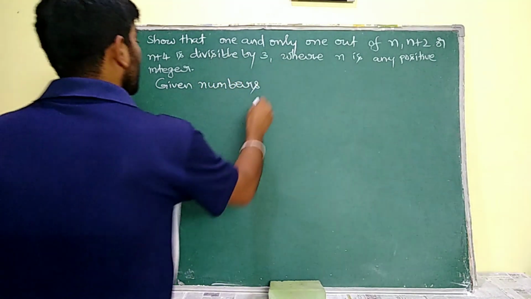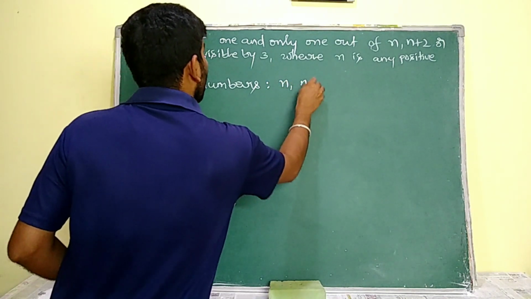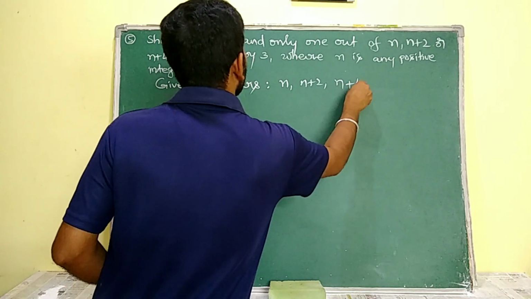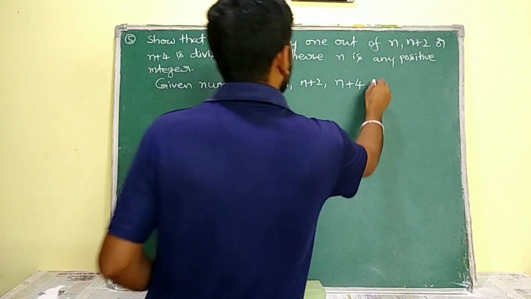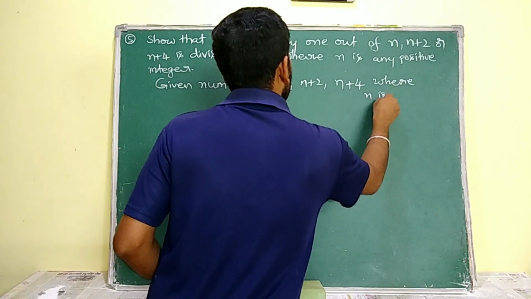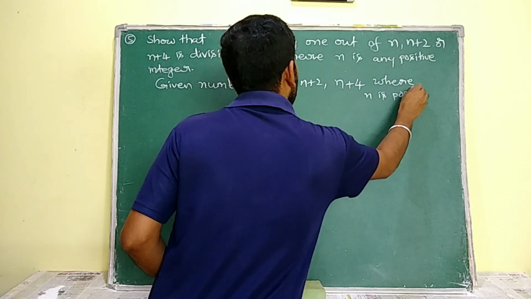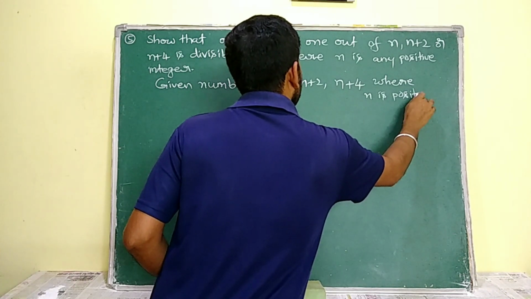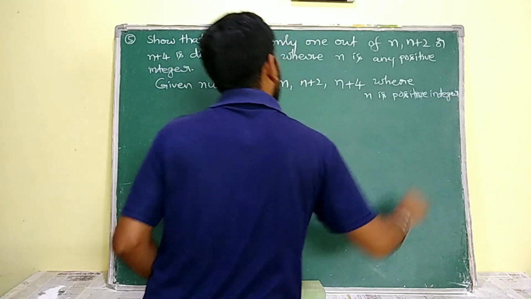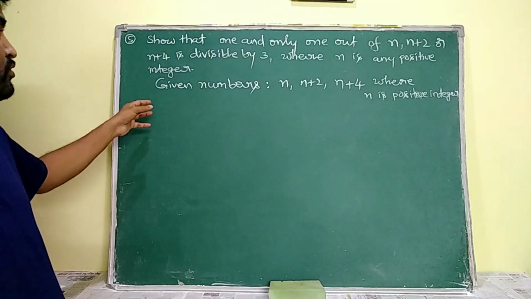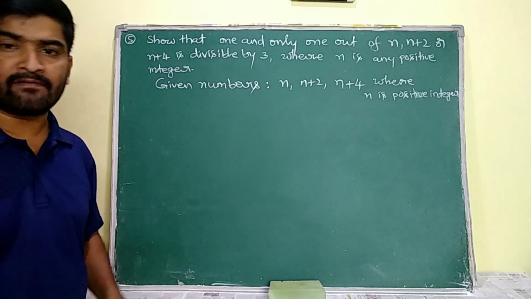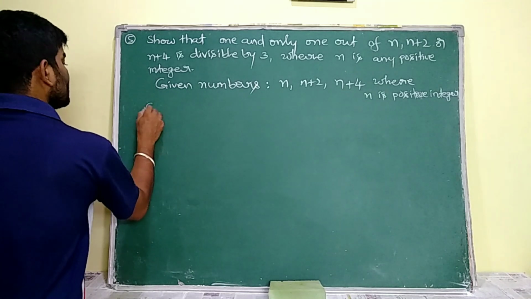The given numbers are n, n plus 2, n plus 4, where n is a positive integer. Now I am going to consider three different cases for the three different n values. Now, firstly consider case 1.